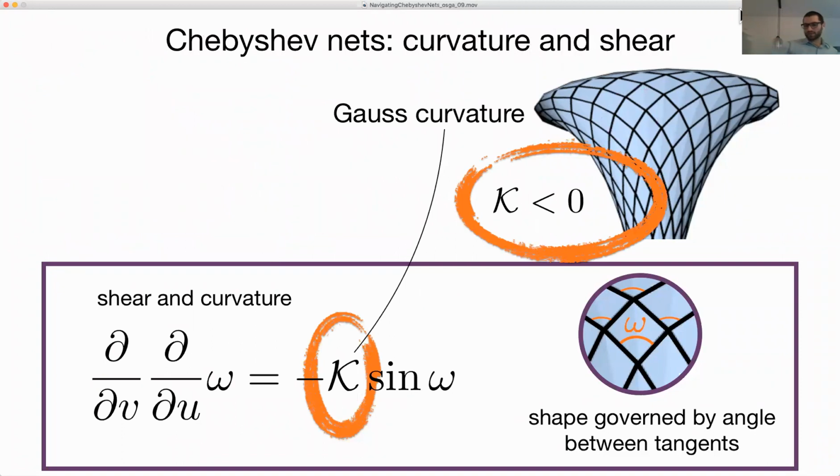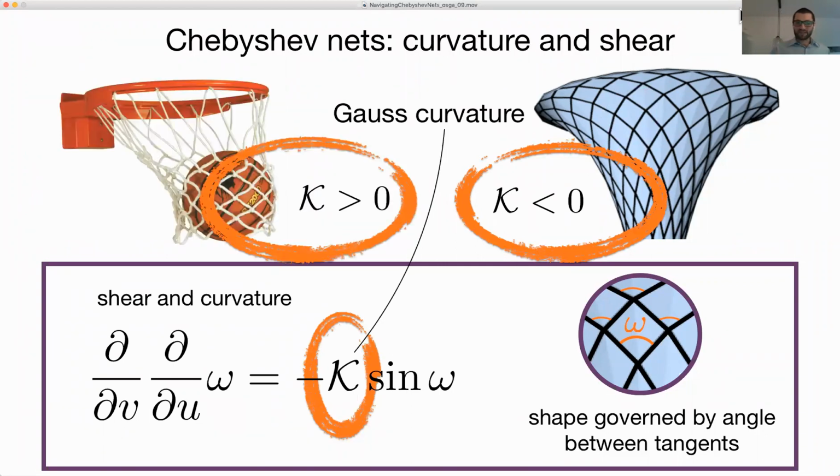So in this surface, for example, a point may have negative Gaussian curvature because they bend in two different directions of space, whereas the exact same net, if you pass something with positive Gaussian curvature into it, then you can see that the tangent lines at the points change their shape to encode the underlying curvature.